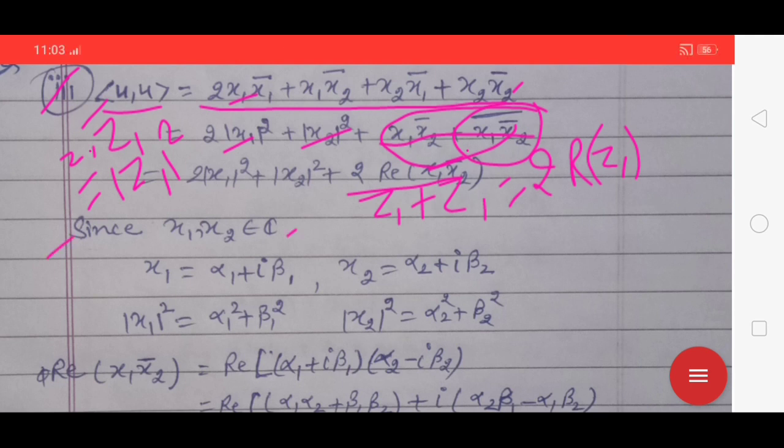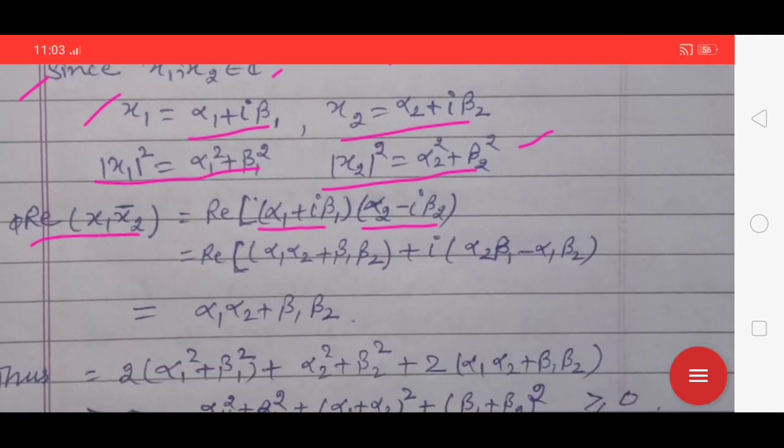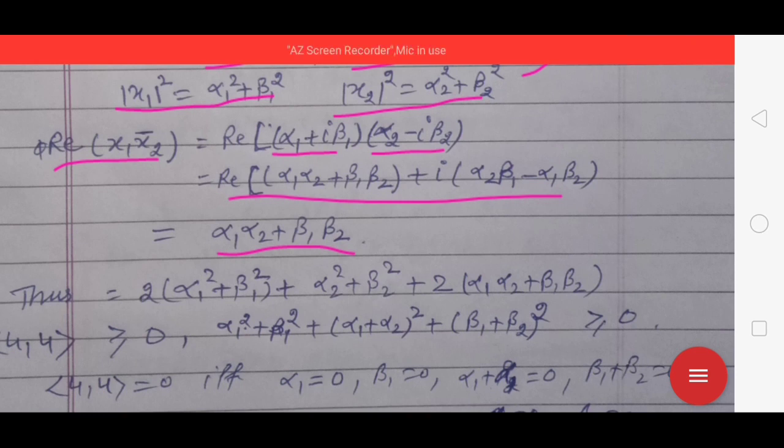Now x1 and x2 belong to C, so write x1 equals alpha 1 plus i beta 1 and x2 equals alpha 2 plus i beta 2. Taking the product, you will get the real part, which is alpha 1 alpha 2 plus beta 1 beta 2. Then we get alpha 1 square plus beta 1 square plus alpha 2 square plus beta 2 square plus 2 times (alpha 1 alpha 2 plus beta 1 beta 2). One alpha 1 square and one beta 1 square are used for completing the square.